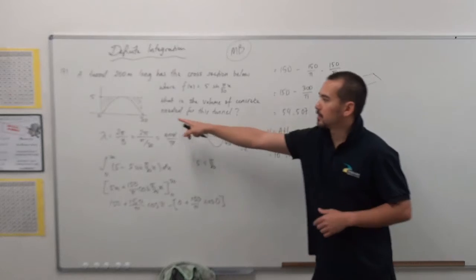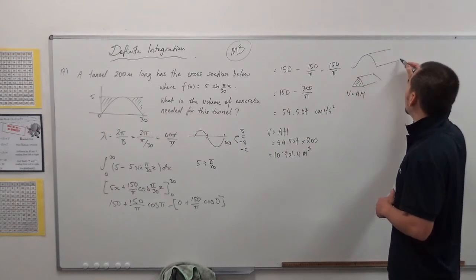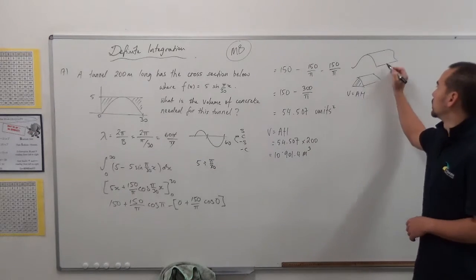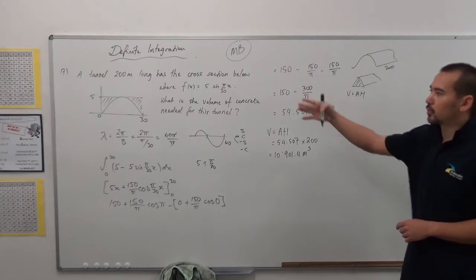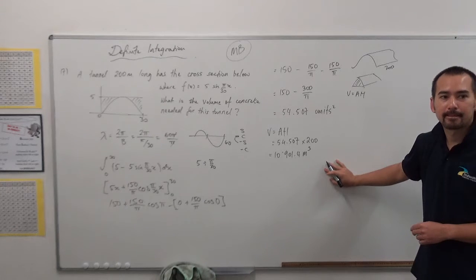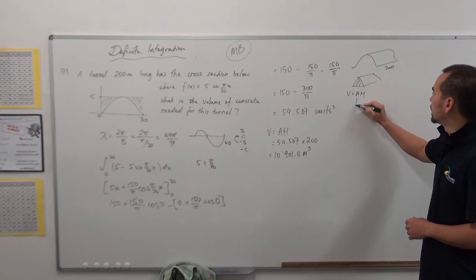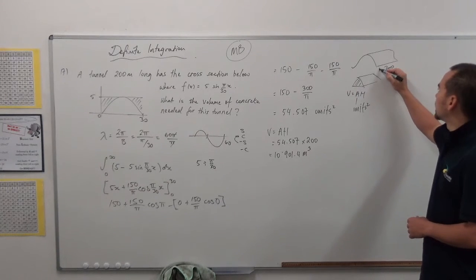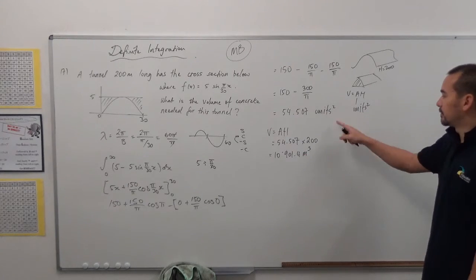So this tunnel is like this, and we're just multiplying the cross section by its depth, which is 200. The area here is in units squared, and when you multiply it by its third dimension, it becomes a three-dimensional shape. So that's why.